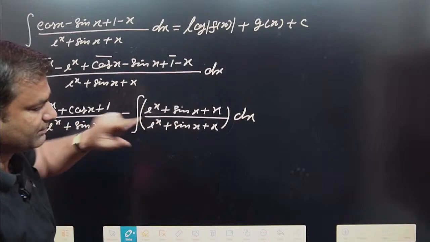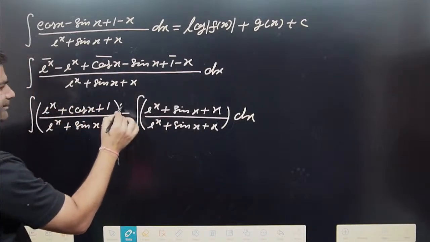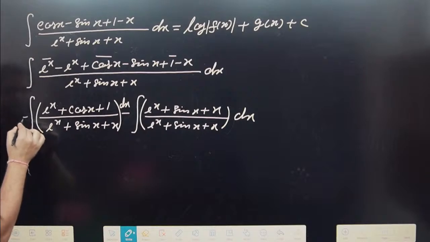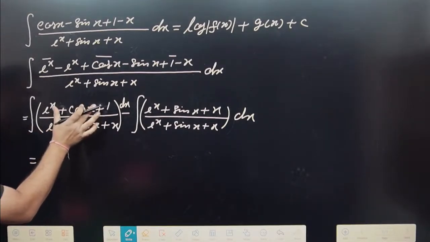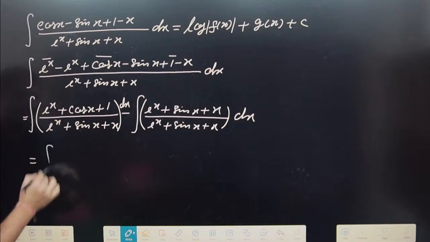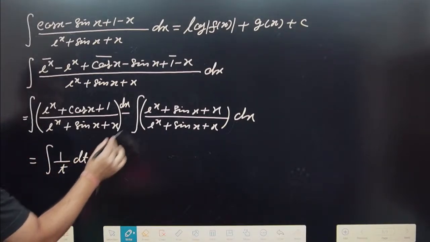This one is basically 1, and if this one is t, then that value is dt, and this one is simply dx.